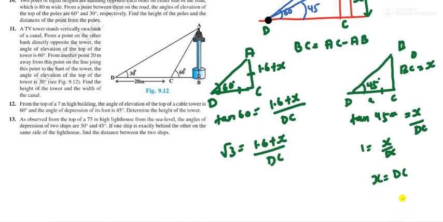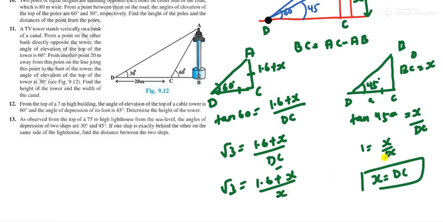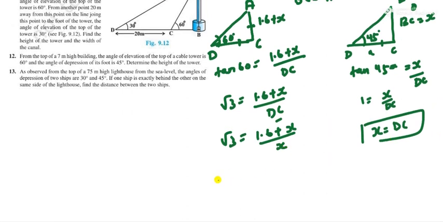So we have DC and DC. In place of DC, what can I write? From this I can write it as x, exactly. So root 3 is equal to 1.6 plus x by x. Do the cross multiplication, you will get root 3 x equal to 1.6 plus x.